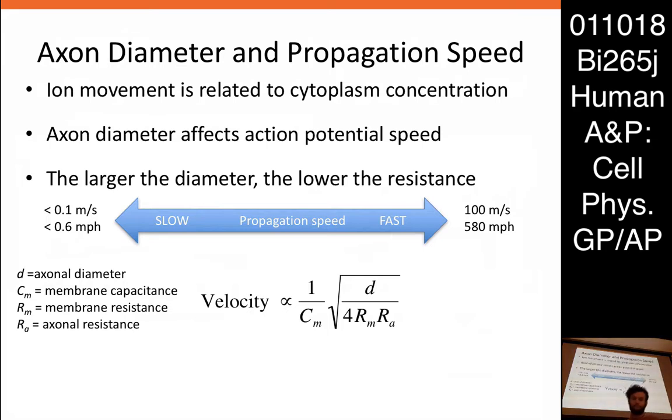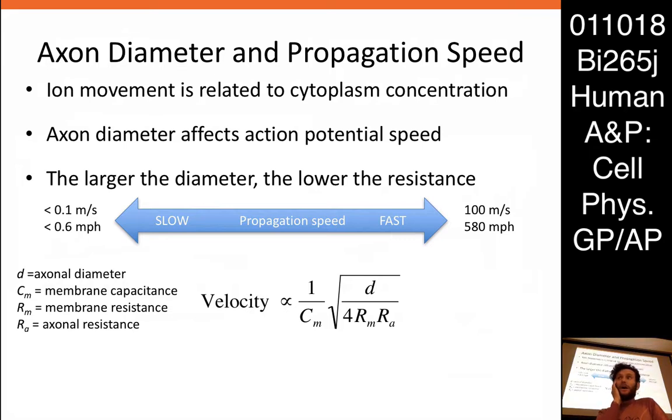All right. So I said that the reason we do this is it's more energy efficient, it's faster, and it gives us an advantage in terms of axon diameter. Let's look at that a little bit. So here is the relationship that dictates the velocity of transfer to a number of metrics, specifically the axon diameter, the membrane capacitance.